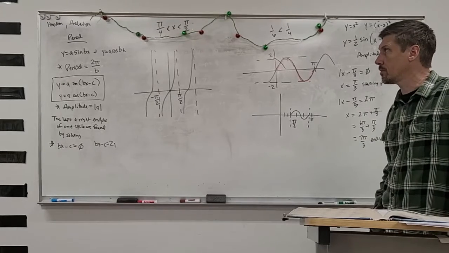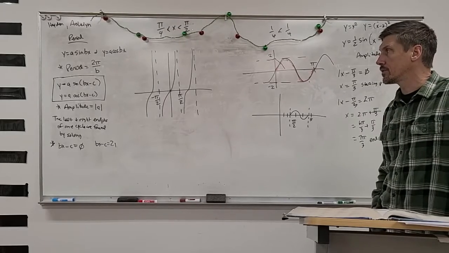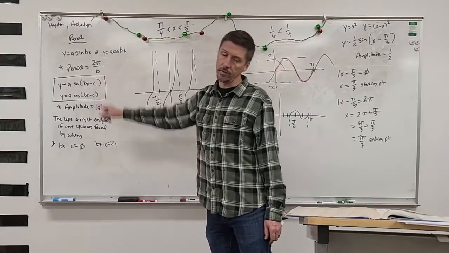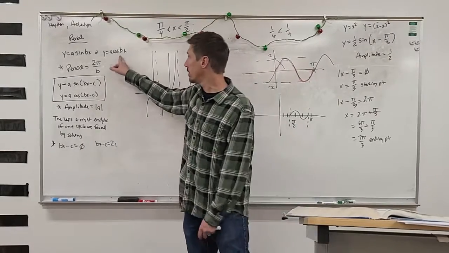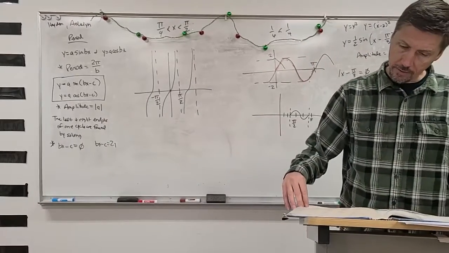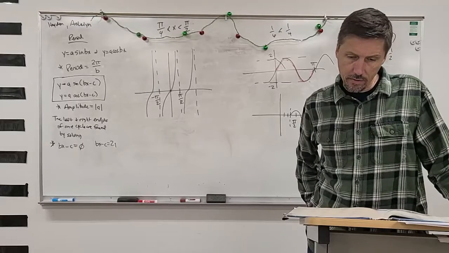So just like we saw before with the sine and cosine function, the period will be changed if you put a number in front of the x, right, for tan x. And so there's an example of that on page 305.